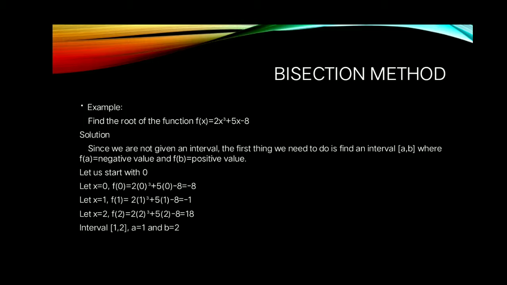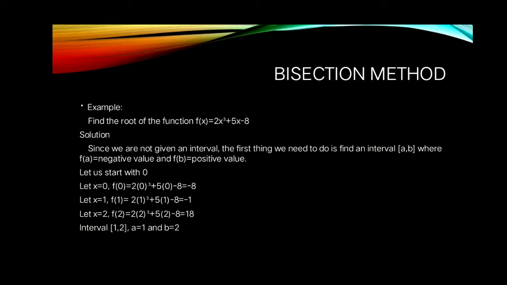Let x equal 1, f(1) is equal to 2 times 1 cubed plus 5 times 1 minus 8 equals negative 1. Let x equal 2, so f(2) is equal to 2 times 2 cubed plus 5 times 2 minus 8 equals 18.